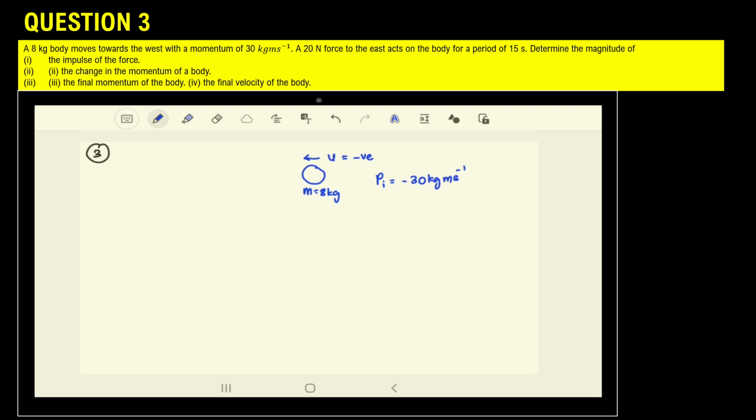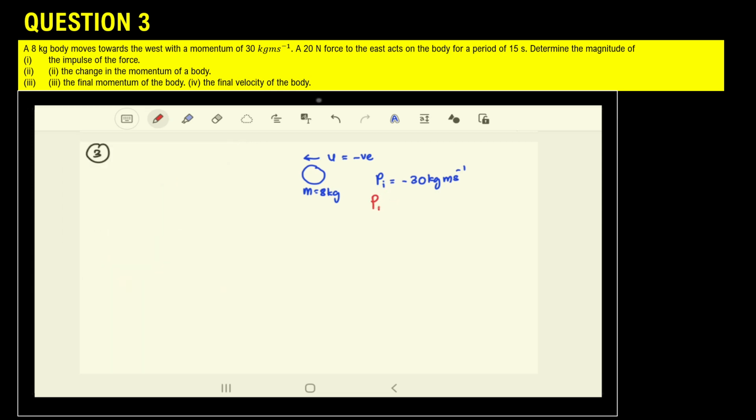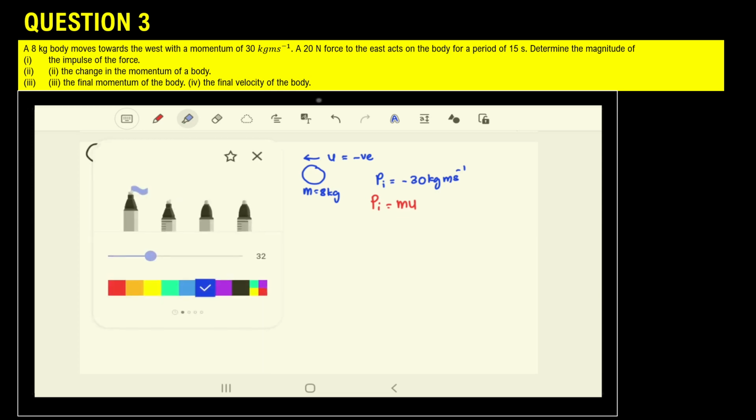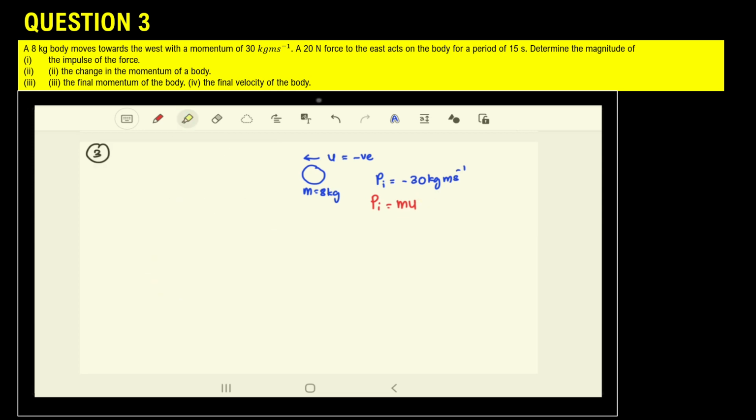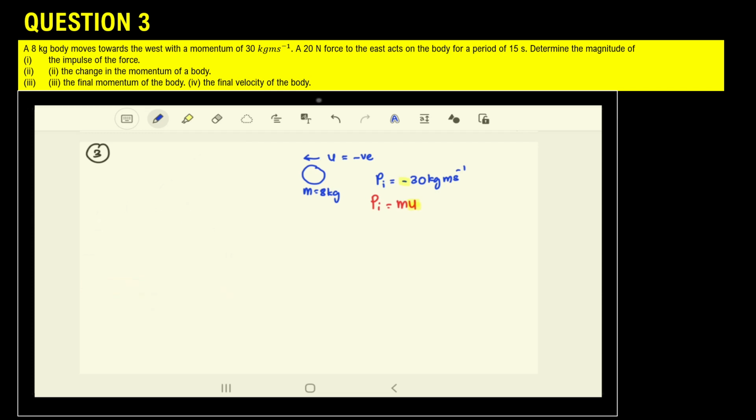Why do I put negative? Because as we know, initial P is equal to mu. Since u is negative, P here is also negative. Alright. So now when it's moving in the west direction, what happens next?